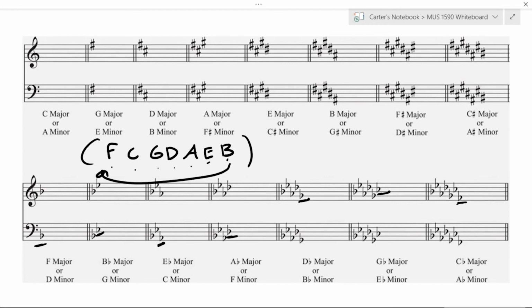I don't use one. I just remember "fat cats gulp down almost every bite," or something very similar, and I'll just write that down, and then I know that I have the order for the flats as well, because it's simply the order of sharps in reverse.